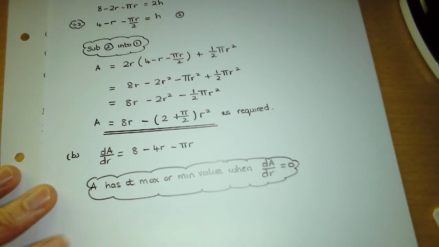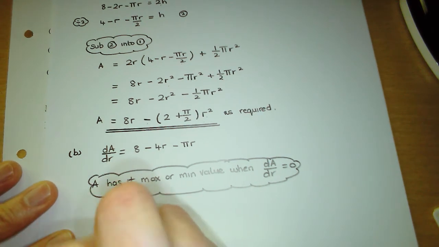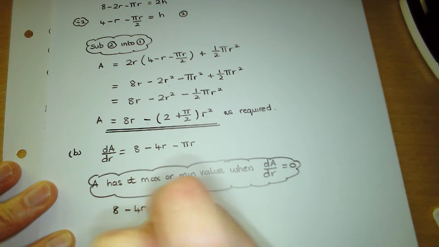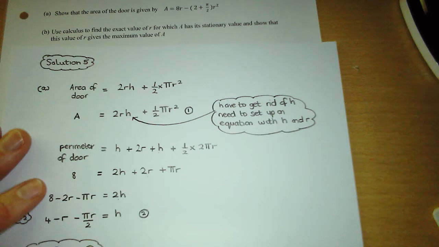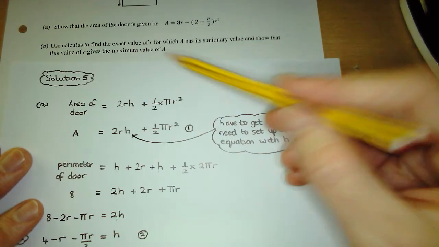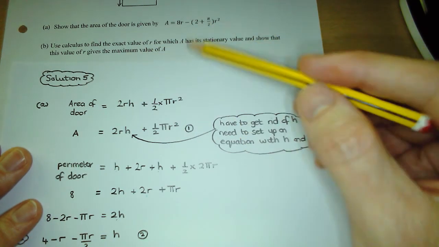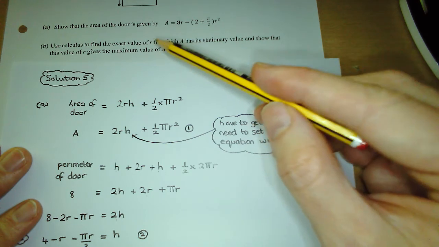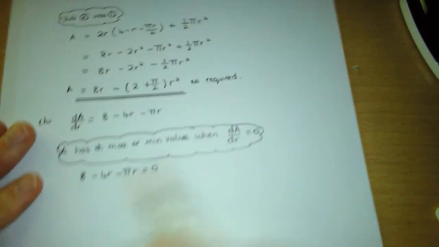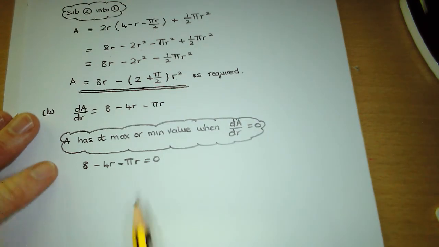So we're going to set dA by dr equal to 0, so 8 minus 4r minus pi r equals 0. Now just bear in mind at this stage it says find the exact value of r for which a has its maximum or minimum value. The exact value of r. So when we solve this equation we're going to have to keep pi in it.